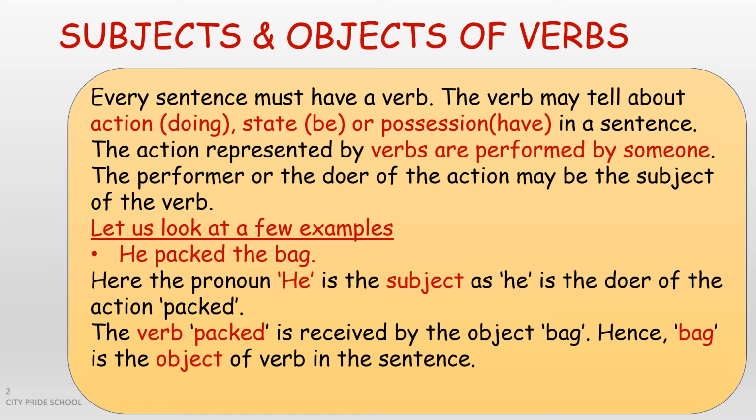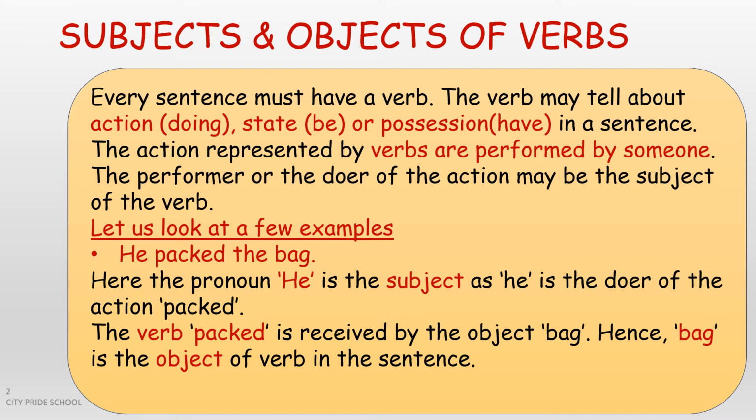Now here, when we speak of verb, the verb tells us about the action, it tells us about the state, and it also tells us about the possession in a sentence, the possession of anything or any person that the subject has, and also the state of the subject, the action that is done by the subject, right?